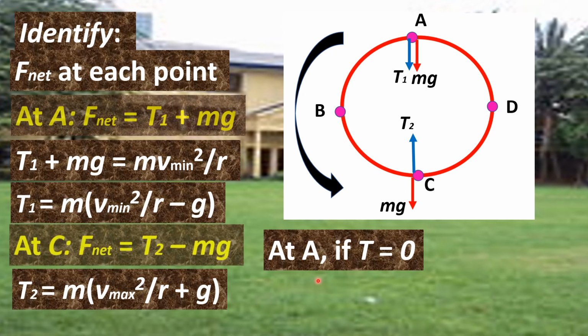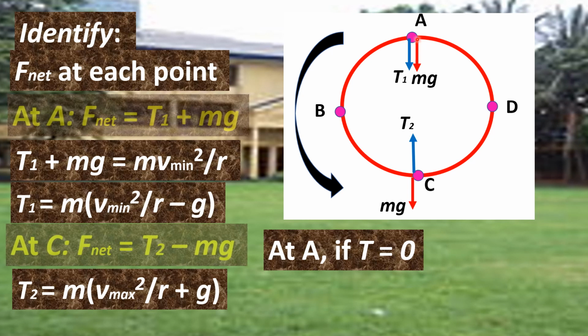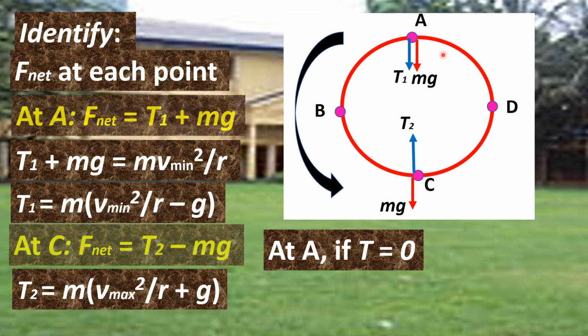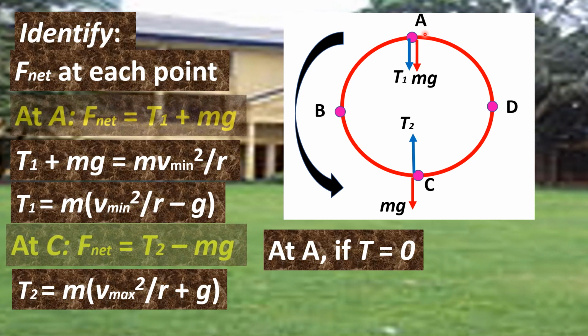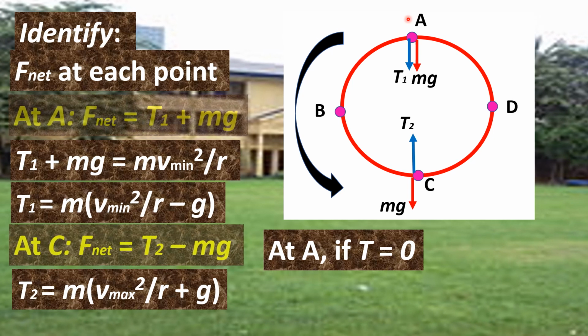So, what do you think will happen if the ball is at point A and then all of a sudden the force of the tension disappears? All right.